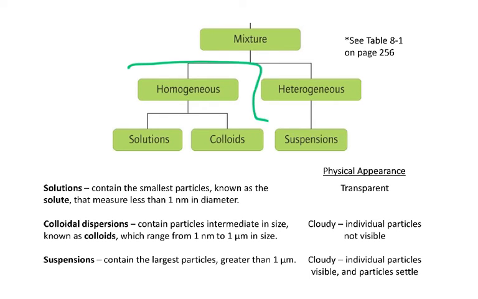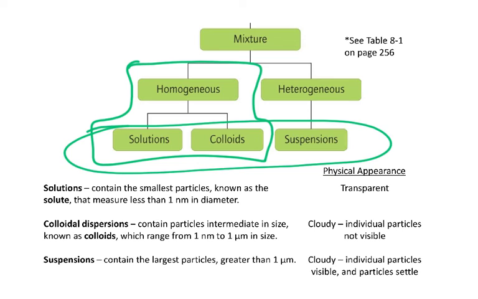So we see this branch. Homogeneous can extend to two types, but heterogeneous only has one more leg beyond it. So a suspension is a heterogeneous mixture. Heterogeneous are more descriptive, and this third row are just more the names, right?